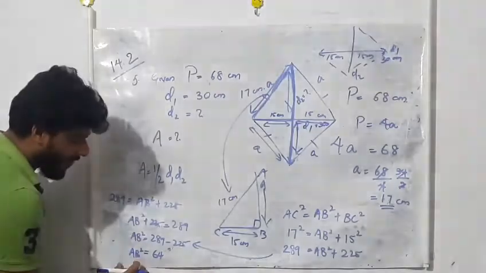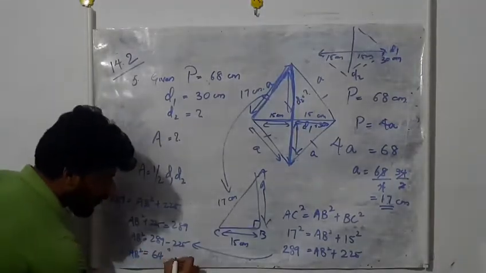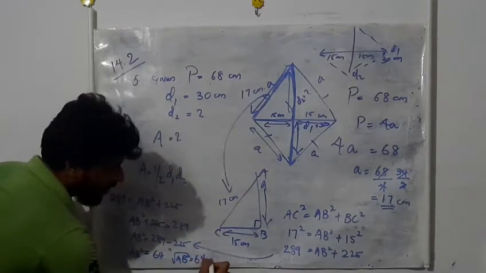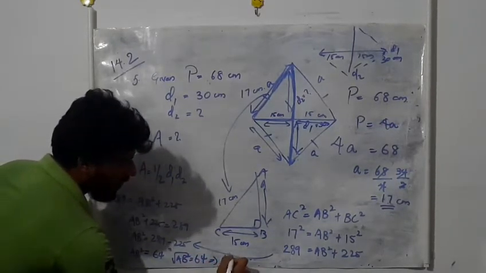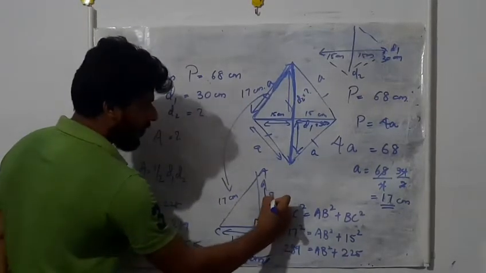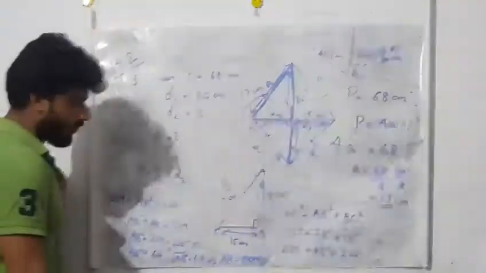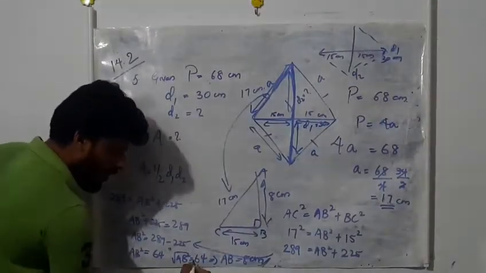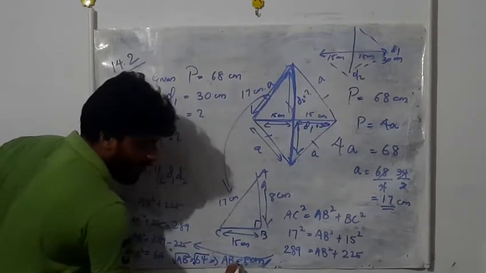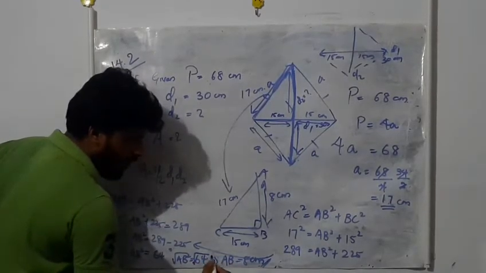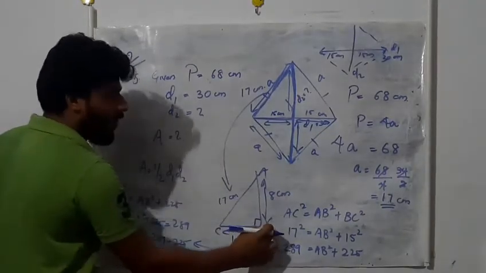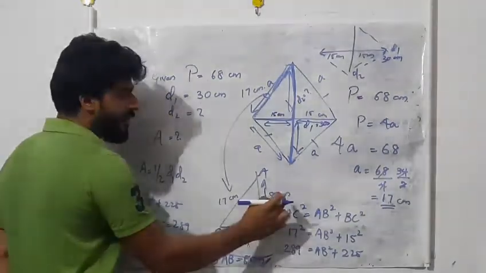We need the value of AB, so we take the square root. Root of AB square equals root of 64, so AB will be 8 centimeter. So this part of our right triangle is 8 centimeter in length.